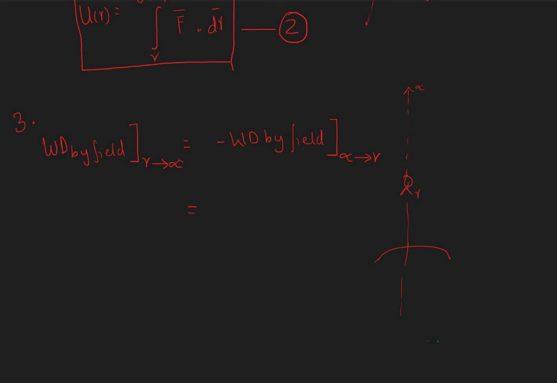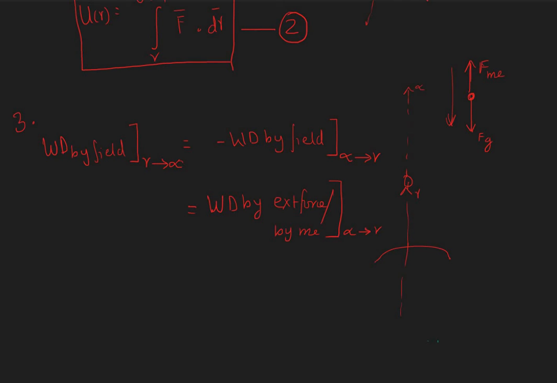Now that's equal to the work done by, let's say, an external force, or by me, from infinity to r. Why this minus sign goes away is, for example in case of gravity, as I'm moving from infinity to r, the gravitation force is an attractive force, and I'm going to be applying a force in the opposite direction.